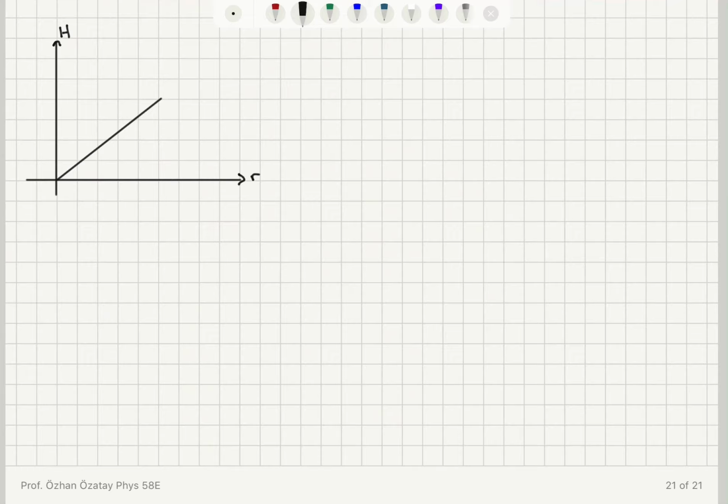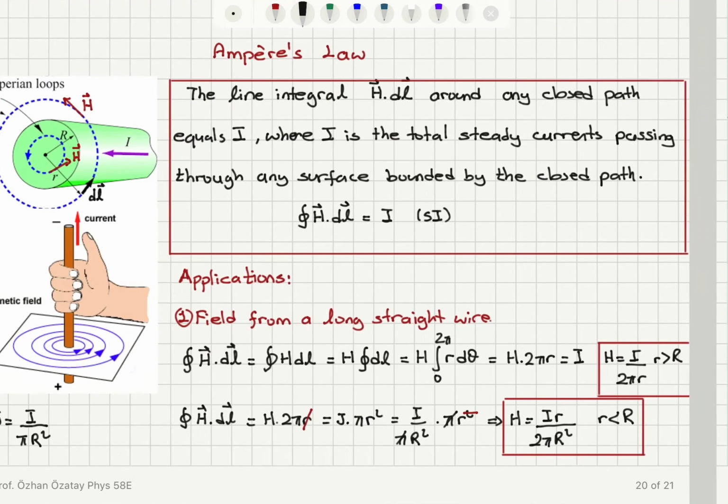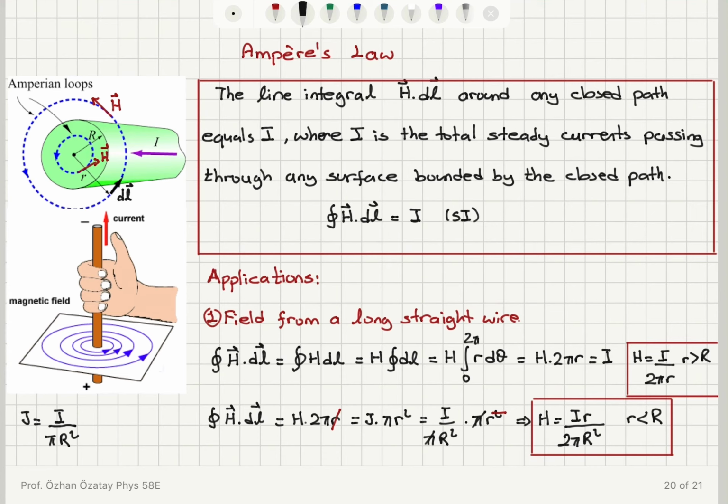It reaches a value at capital R of I divided by 2 pi R, which is the maximum value, and then as we go away from the wire, it's going to decrease as 1 over r. So here it increases linearly with r, and then it decreases as 1 over r. So that's a very simple result that we obtain using Ampere's law.